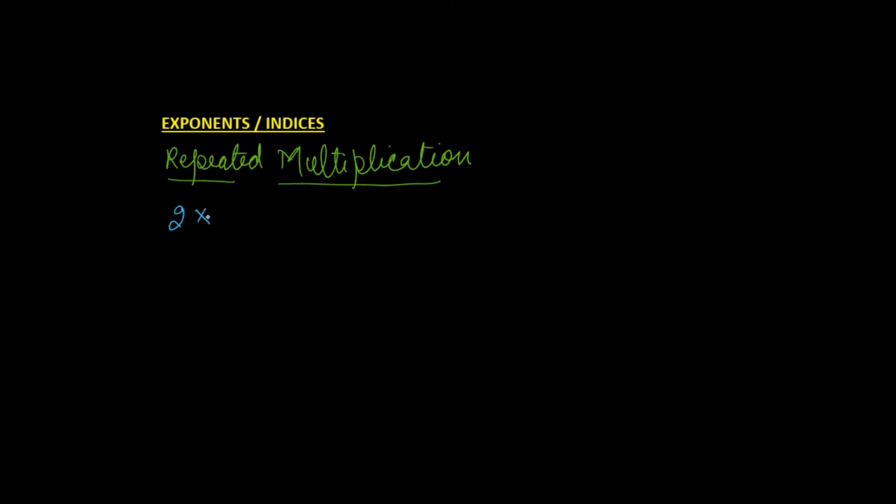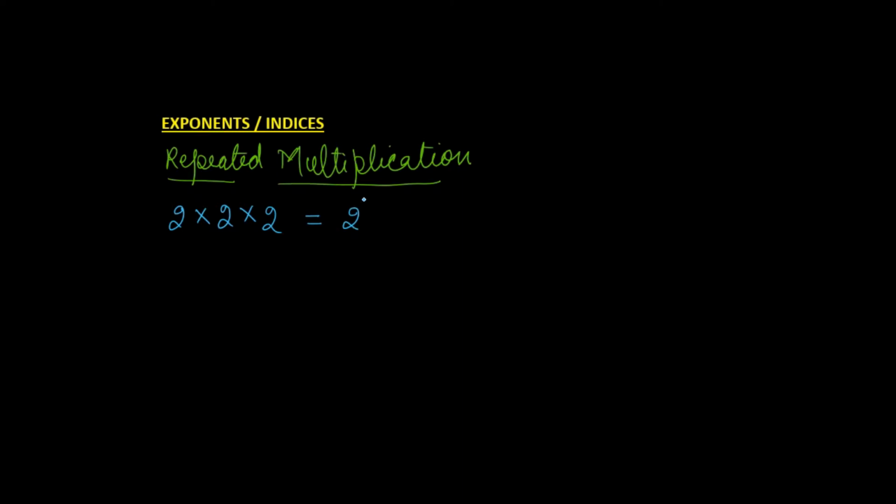Exponents are nothing but repeated multiplication. So, if I multiply, say, 2 repeatedly 3 times, then this is what an exponent is. And how is it represented in the exponent form?